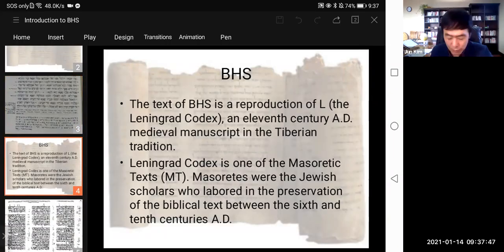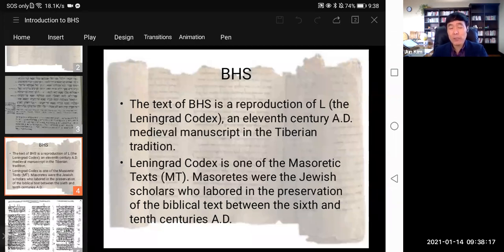As I just told you briefly, the text of BHS is a reproduction of L, which means the Leningrad Codex. Such an important word, Leningrad Codex. That is one of the Hebrew manuscripts, and it is dated quite early compared to other manuscripts. I think, if I'm not mistaken, AD 1800, I mean 1008.